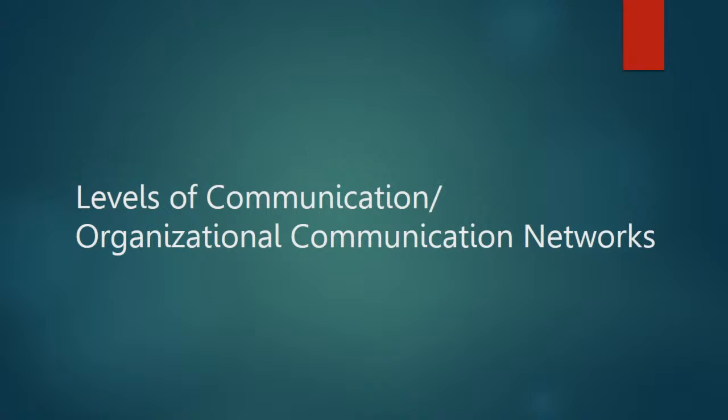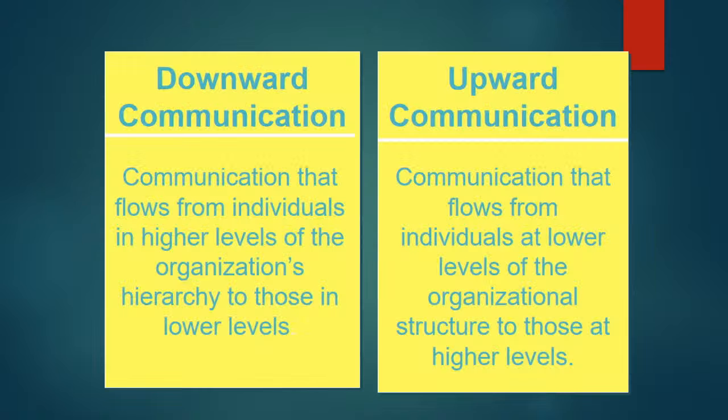Now we just discussed the different communication networks. There are some other levels of communication, and we can also term these levels of communication as the organizational communication network as well. For example, one of the communication may be termed as downward communication and the other may be termed as upward communication.